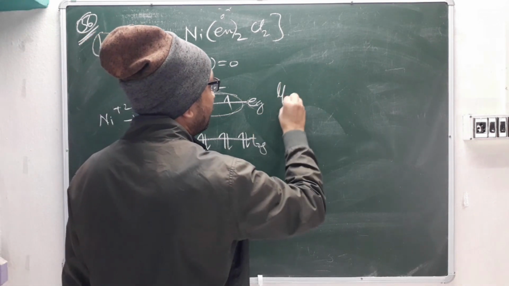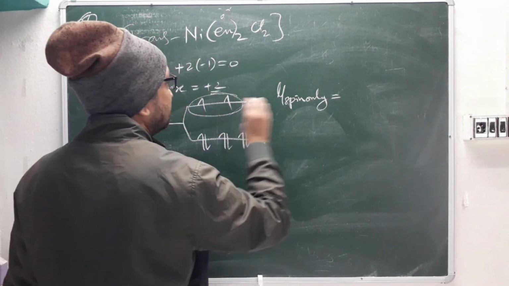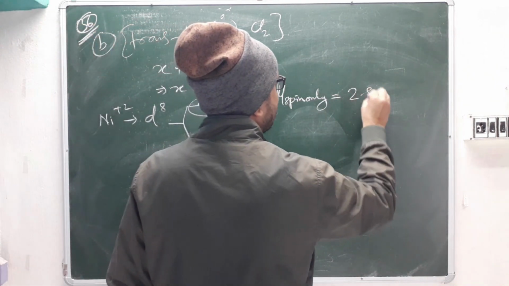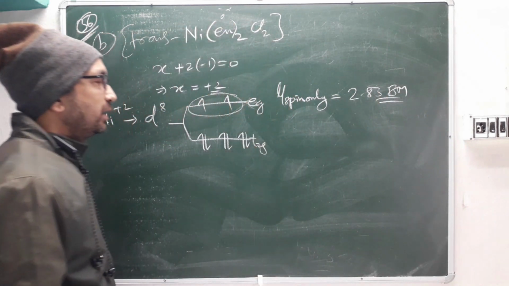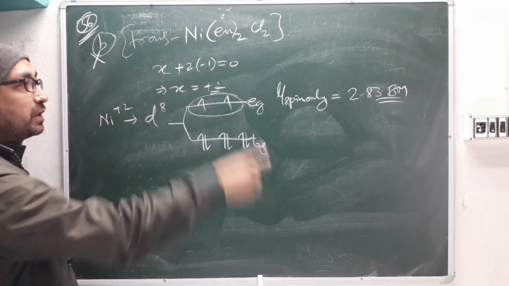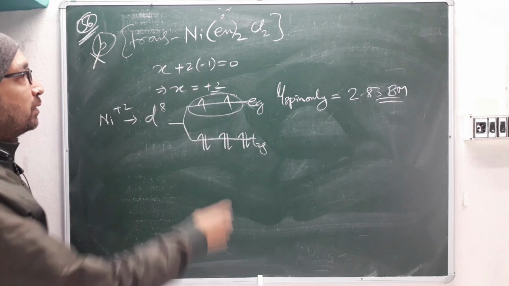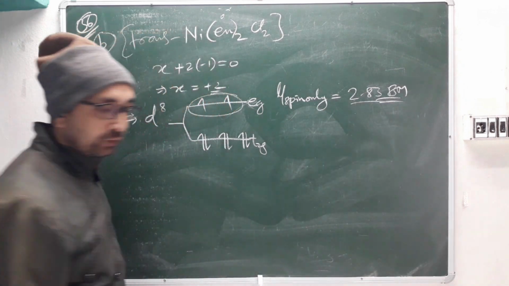So mu spin only value will be 2.83 Bohr magneton. So it is not equal to 0, right? So this option is getting cancelled. We are not going to see the dipole moment, because the first step itself is not followed.